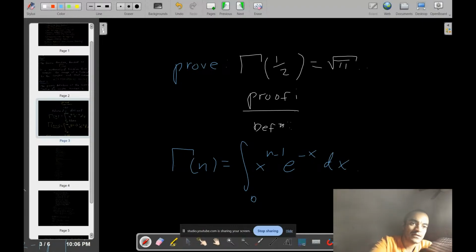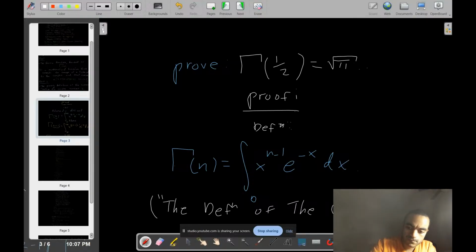I'm just stating this is the definition of the gamma function.